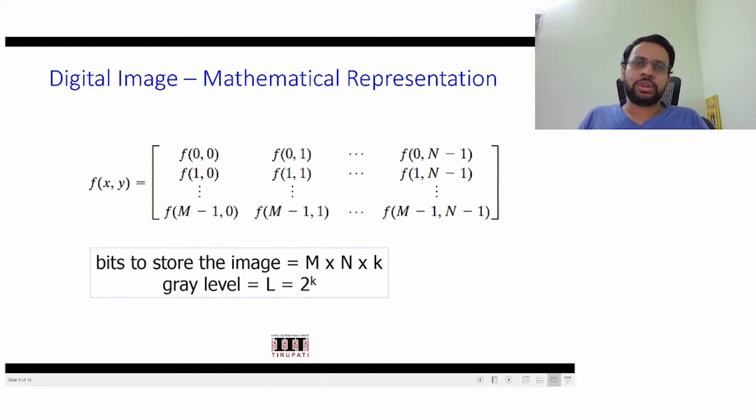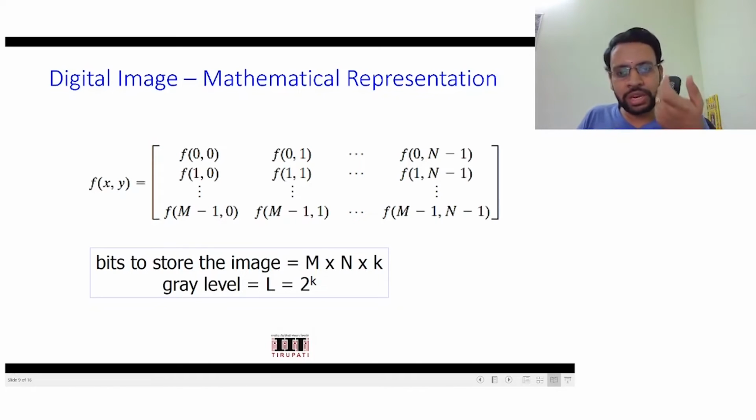And now, ignoring for the time being the compression of this data, lossy or lossless, if you are simply looking at the number of bits required for storing an image of size m rows and n columns, that would be m by n by k, where m is the number of rows and n the number of columns.